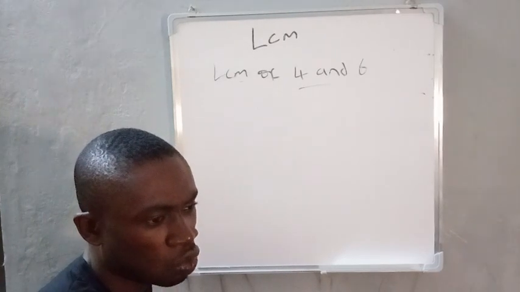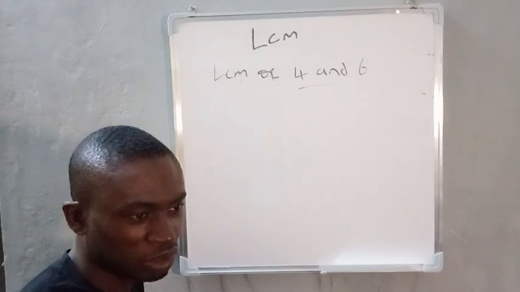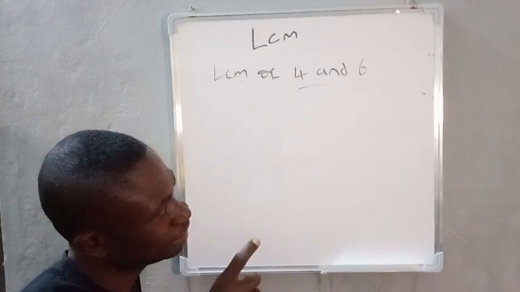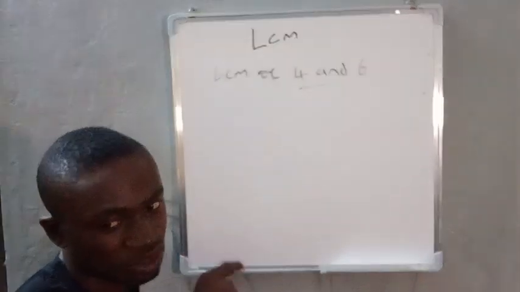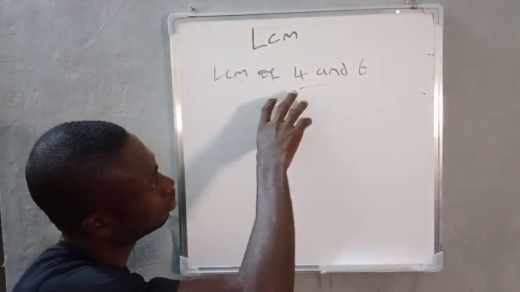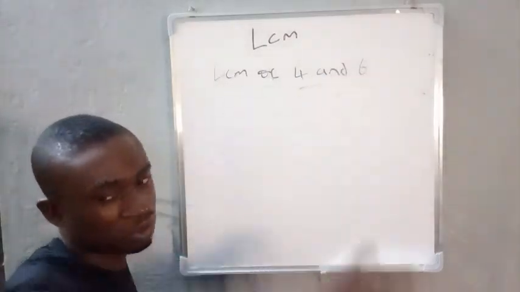They are asking you, what is the lowest multiple of 4 and the lowest multiple of 6 that is common to them? That is both a multiple of 4 and also a multiple of 6. That is the question. Common.